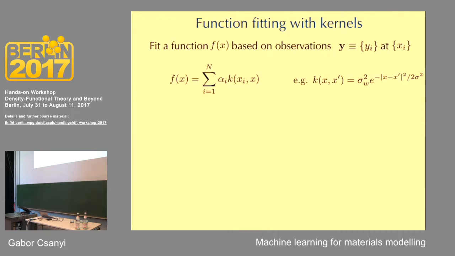And the function for any new X is a sum over a whole bunch of X points, which are typically samples that you've seen before, and these Gaussians are centered on data points that I've seen before, and K measures essentially the distance from the old data to the new data with a Gaussian decrease, and I sum over them all to get the function.